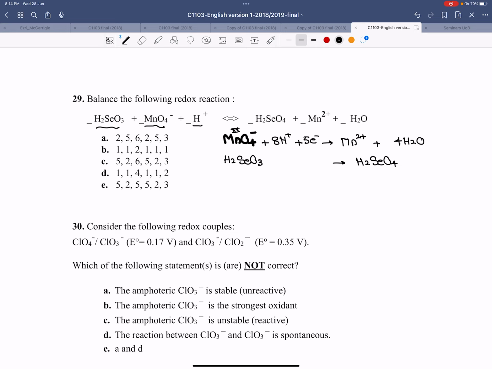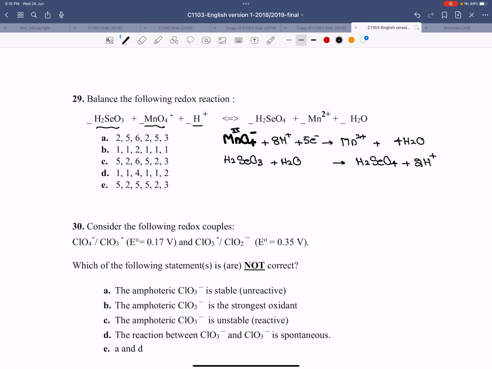First step, balance the number of oxygens. So you have an extra oxygen on the right hand side, add an H2O on the left hand side, then add 2H plus on the right hand side.